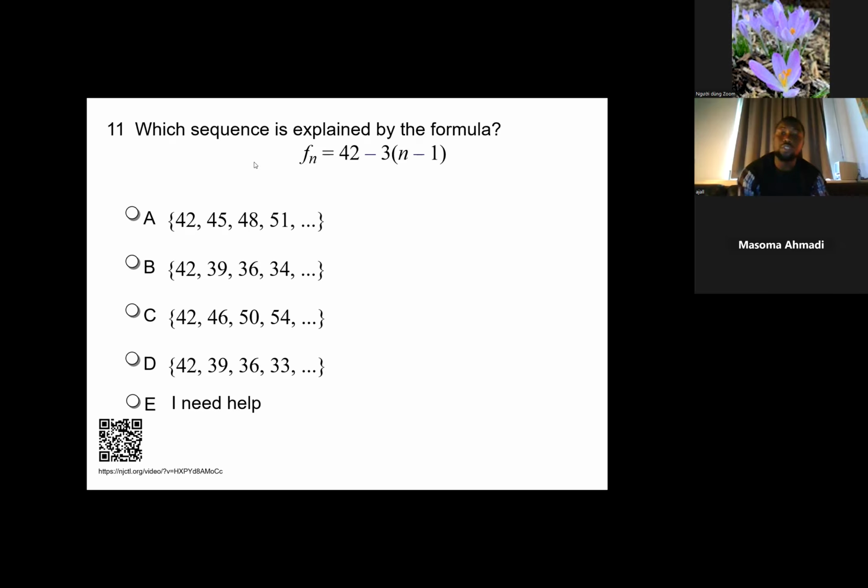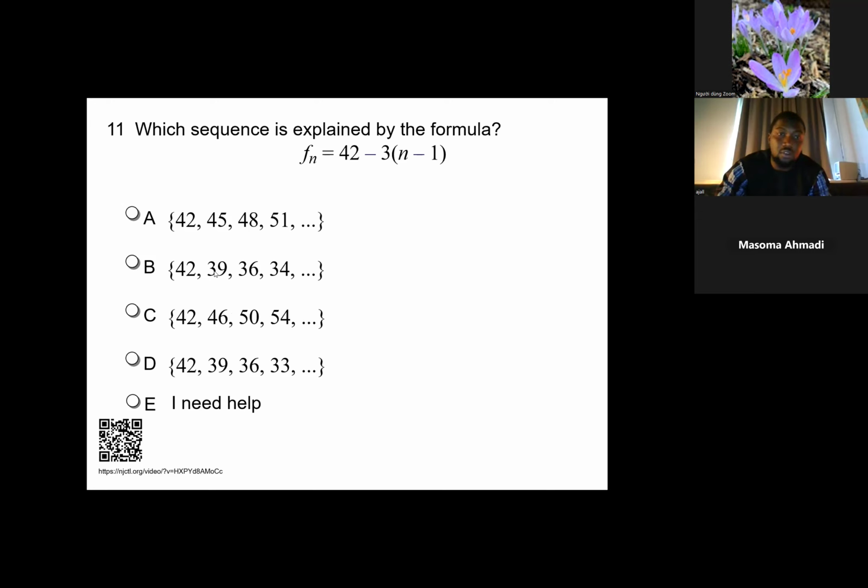So you could see that all the sequences A, B, C, D, and E have the first term as 42, and in the formula the first term is 42. The common difference is -3, so to get the next term you subtract 3 from the first term. This one is giving you 45, which is adding 3, so A is out. 46, C is also out.